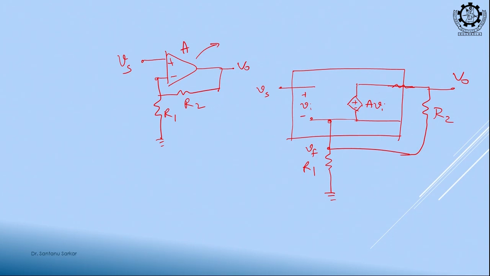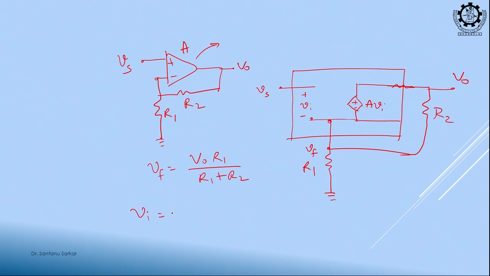So, this is the structure, right. What portion of V0 comes back as Vf? V0 into R1 by R1 plus R2, clear. We will subtract this from Vs.